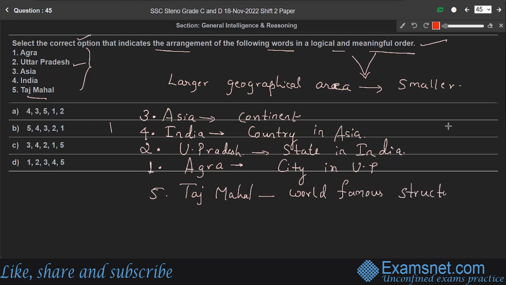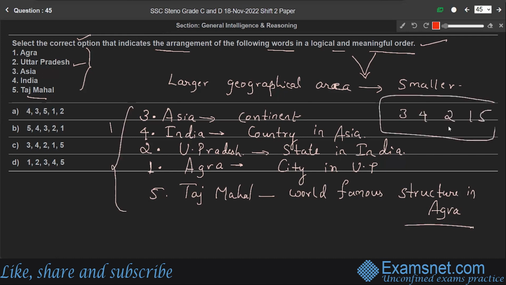Therefore, the arrangement of the given words would be 3, 4, 2, 1, 5. So checking the options, option C will be the right answer.